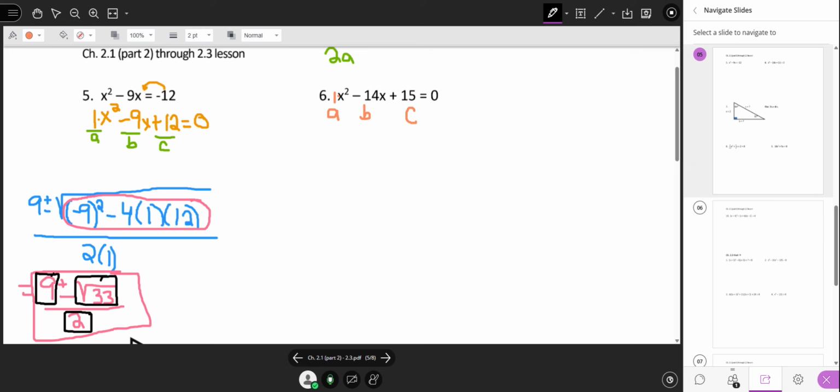Now, I need to go ahead and do this because probably something strange is going to happen on this one. So the opposite of -14 is +14.